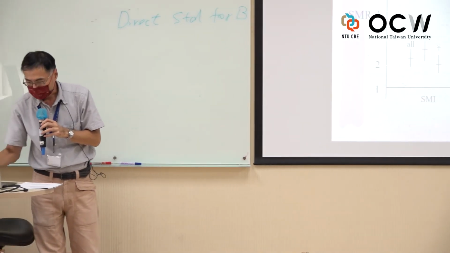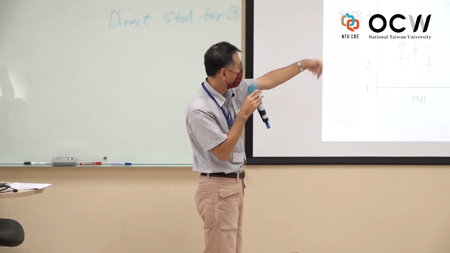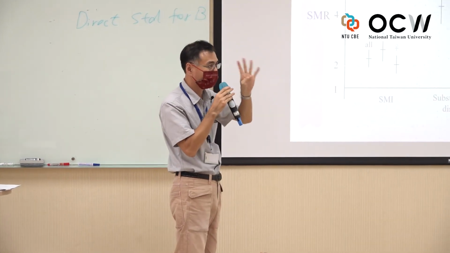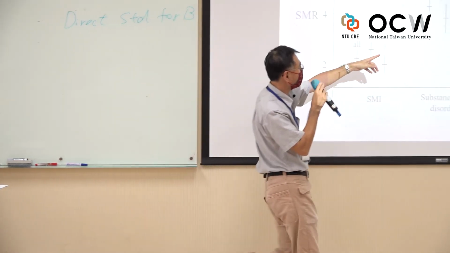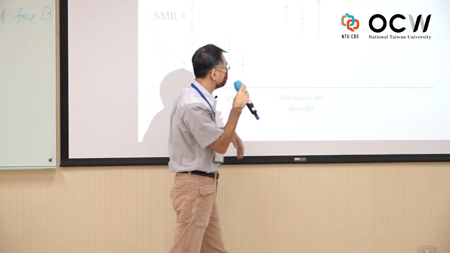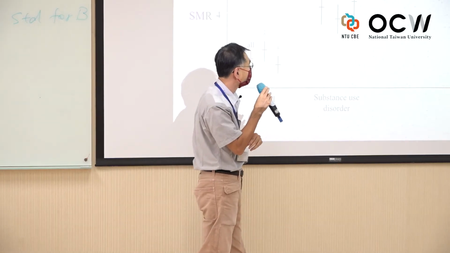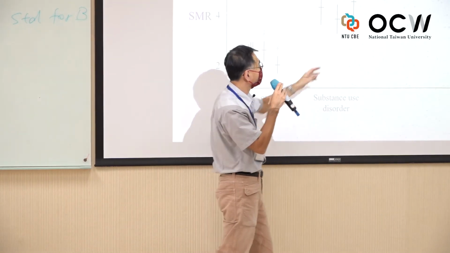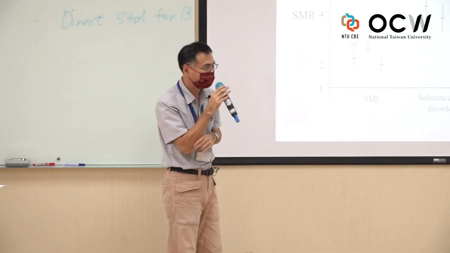So we could do exactly the same thing for substance use disorder. Whew, so high. Compared to the general population, it's more than 4 folds of the risk. Male is lower and female is higher. But the number of females with the problem of substance use disorder might be fewer. So that's why the 95% confidence interval was so wide.